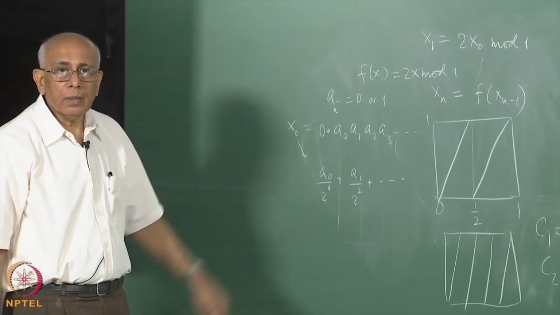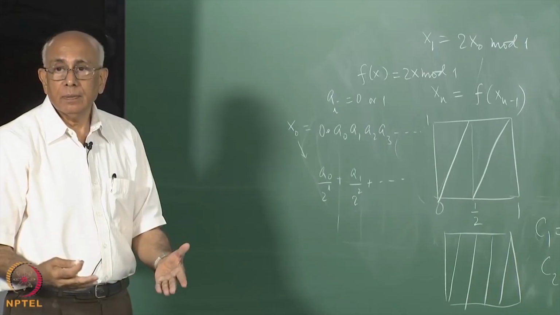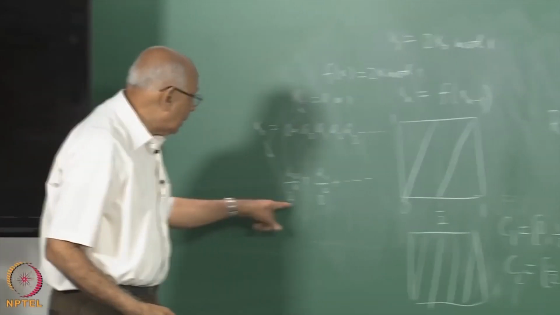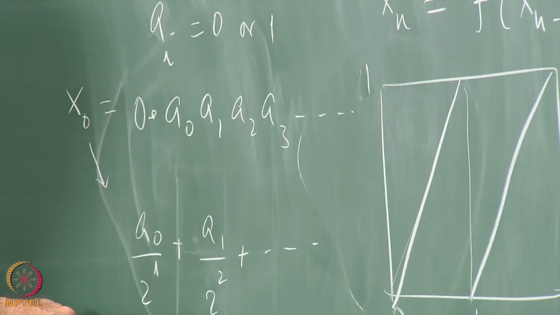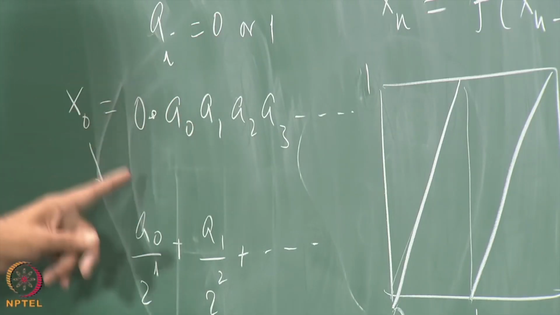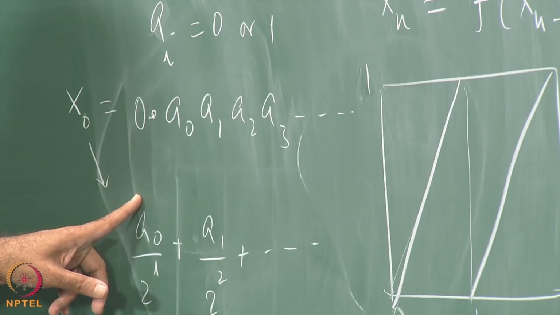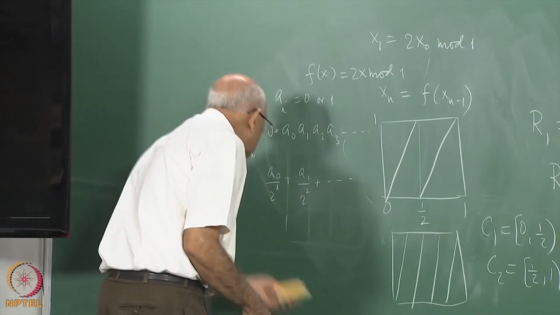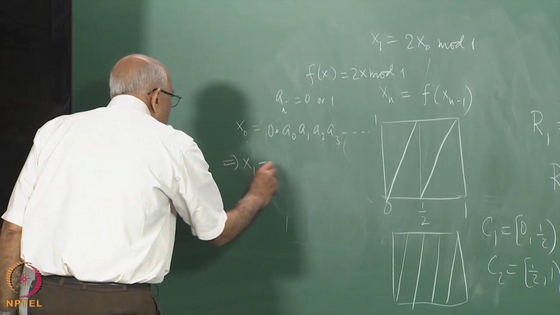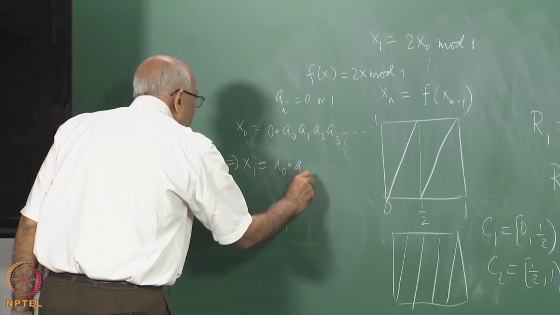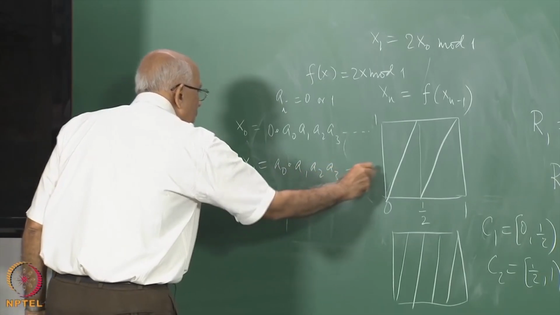If this is x0, x1 doubles it, and doubling it means multiplying by 2. So this becomes A0 divided by 2 to the 0. That means it comes out of the decimal point here. So at the next step, x1 equal to A0 point A1, A2, A3 dot dot dot.